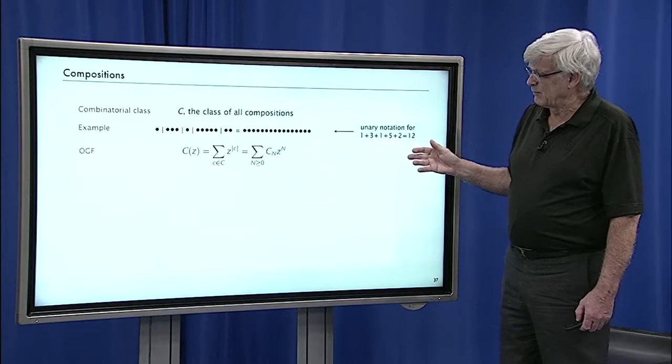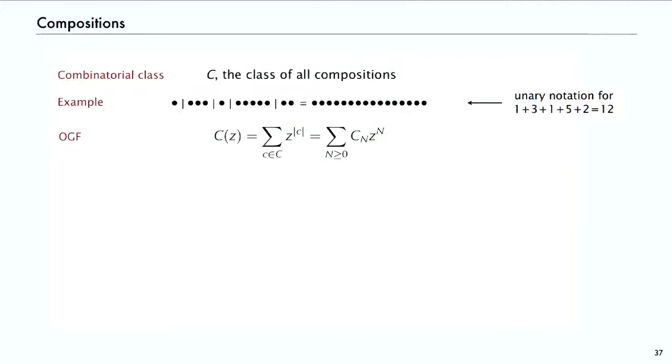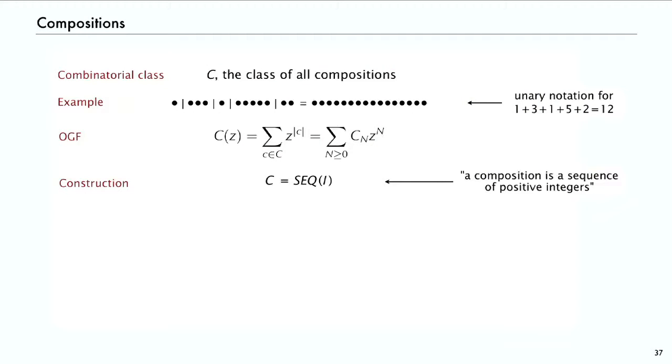And if you look at it that way, and again, the generating function in the standard way, then a composition is just a sequence of positive integers. So a sequence of positive integers is a composition, and then grouping by n, we just need to find the coefficient of z to the n.